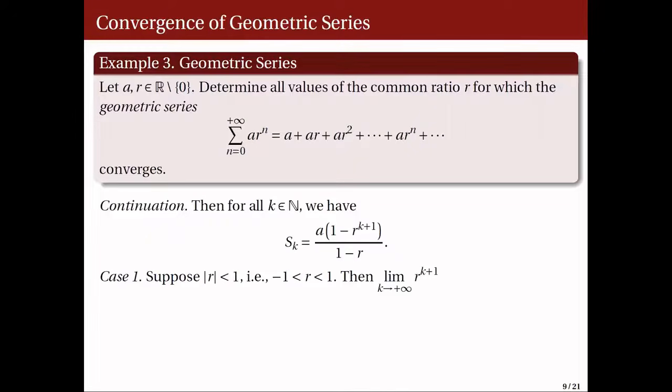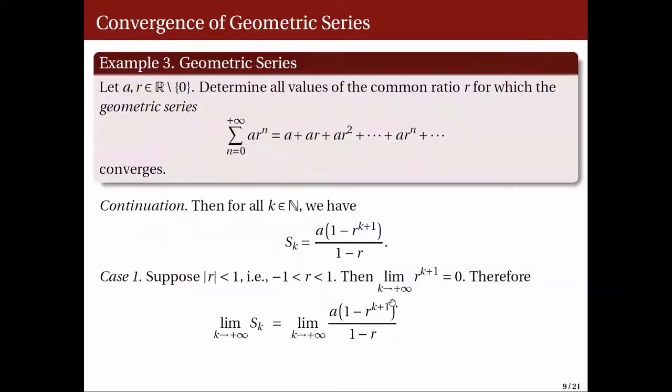Then, evaluating the limit of r raised to k plus 1 as k goes to infinity, since r is between -1 and 1, this limit will be equal to 0. Therefore, the limit of the kth partial sum as k goes to infinity is equal to the limit of a times the quantity 1 minus r raised to k plus 1 over 1 minus r as k goes to infinity.